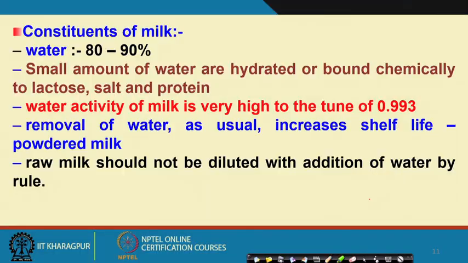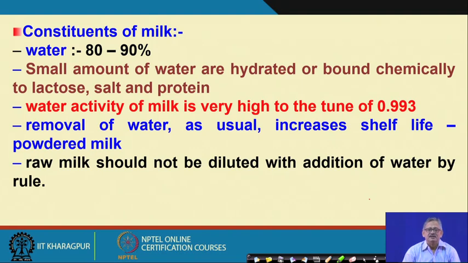So, like that hydrated way, some very small quantity of water may also be associated as hydration, or they may be bound chemically, maybe to the lactose or maybe to salt or maybe to protein, depending on case by case, right. So, that is how some water is also there.